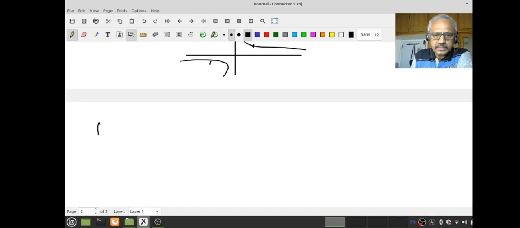So this is my definition. Let (X, tau) be a topological space.